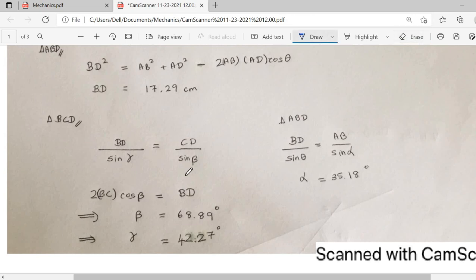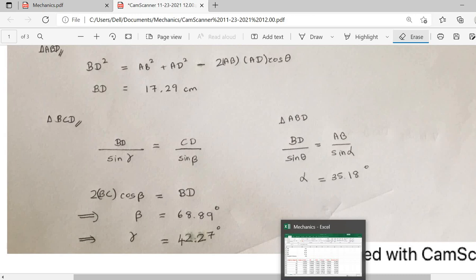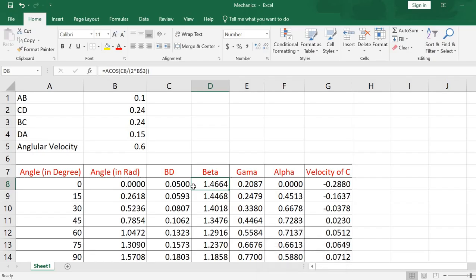So here I am using this formula: cos beta is equal to BD over 2BC. Now we already got the value for BD, so we can directly use that from that previous column. The BC value is the fixed one, we already knew that, and I'm going to divide it by that 2. After that we need to take the cos inverse function.